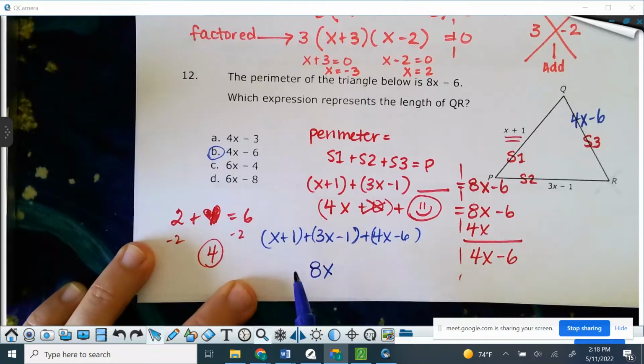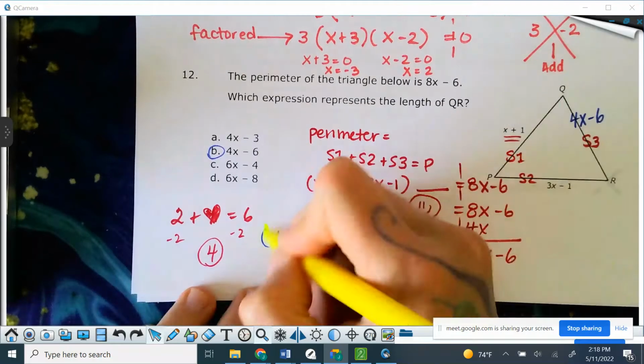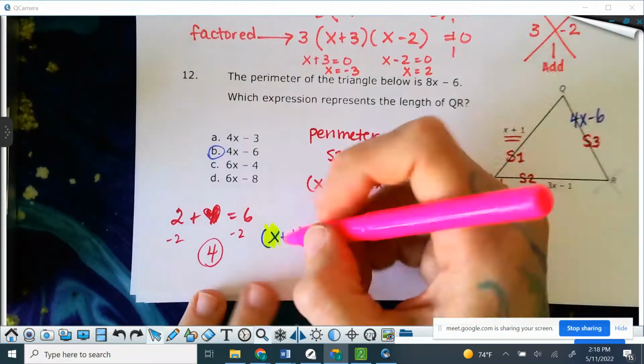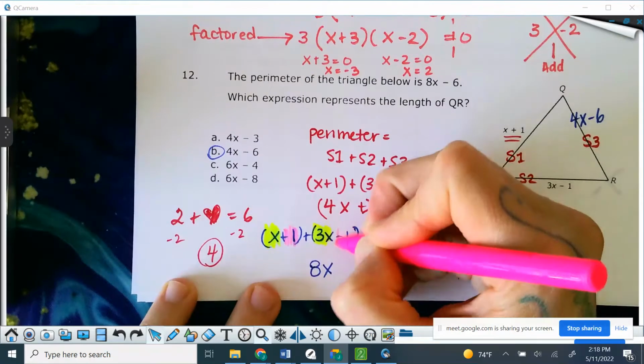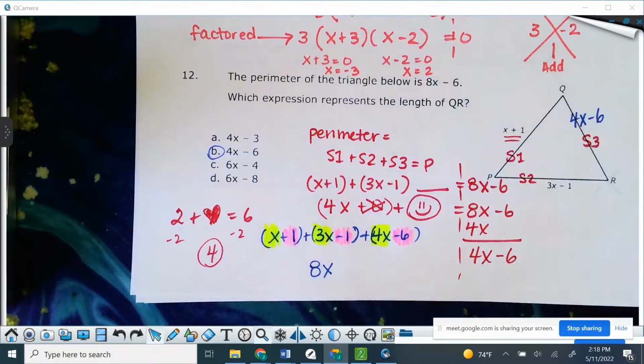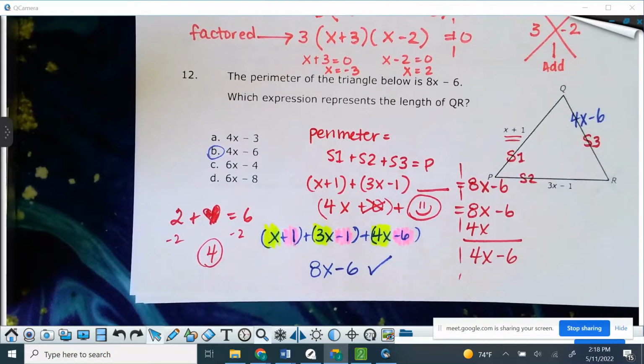I have a positive 1 and a negative 1, and that's again going back to combining like terms. So my x values, x values, x values, because this is just an expression. It's not crossing over the equal mark, so we're just cleaning up. Positive 1, negative 1, and negative 6 is going to give me minus 6. So that means we did get the correct perimeter as they wanted us to.